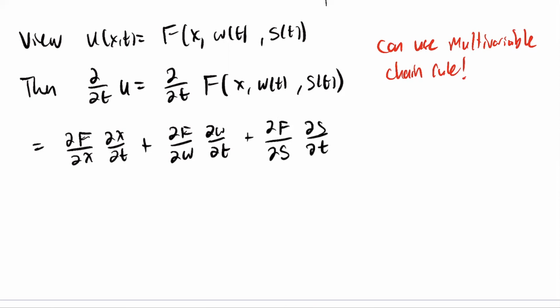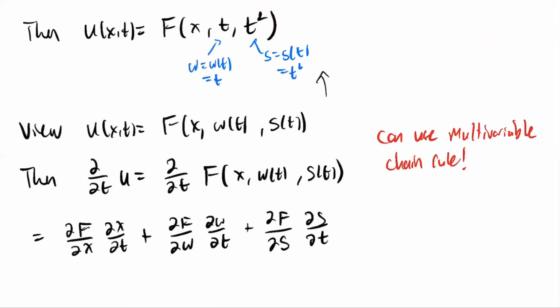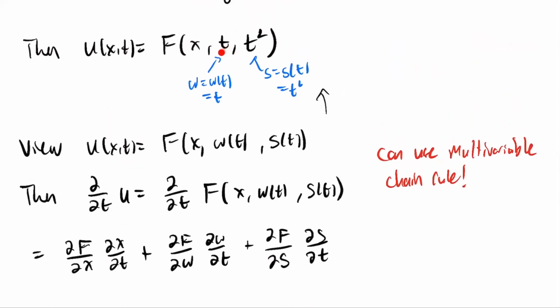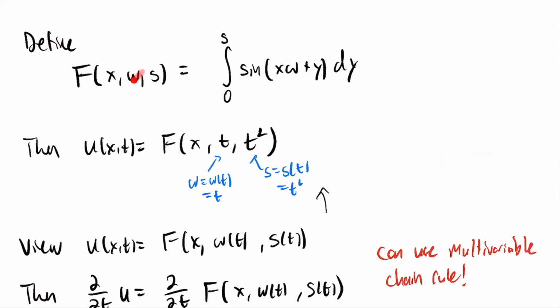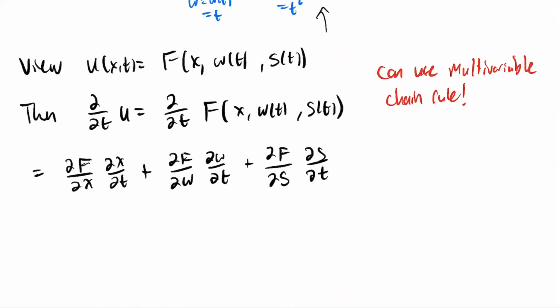Okay, so you may wonder, up here, why didn't we just let w equal t, what's the point of this extra variable w? Well, the main issue is if we just left w(t) equal to t here and didn't introduce this other variable, we would have a confusing formula over here, which would involve dF/dt.